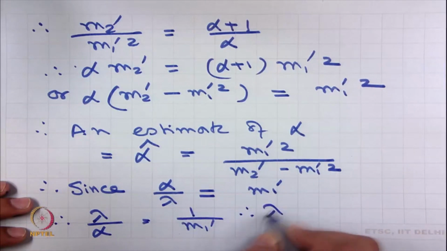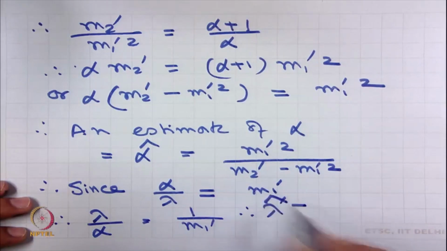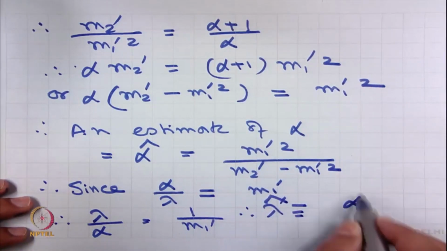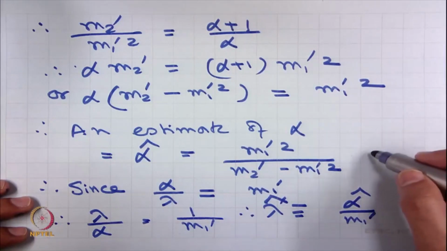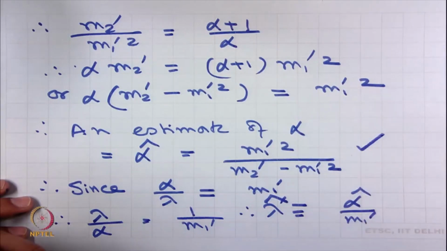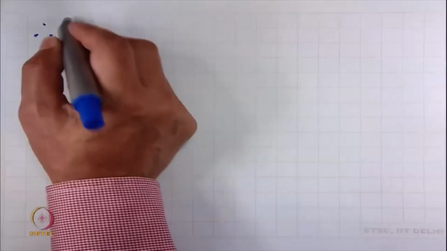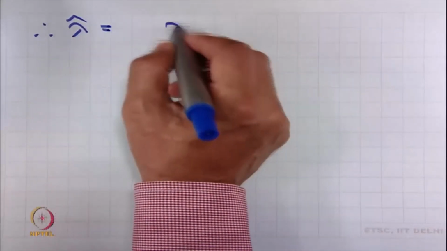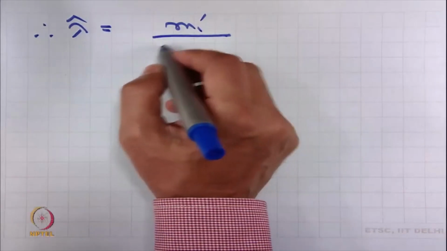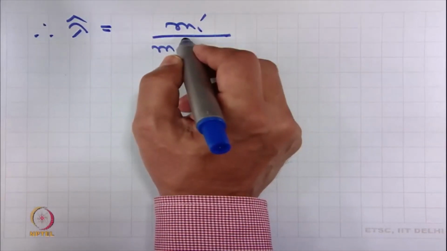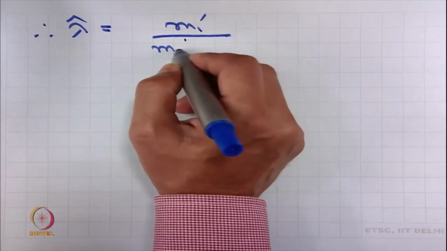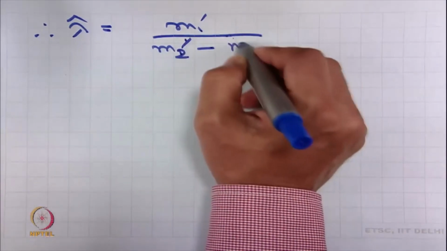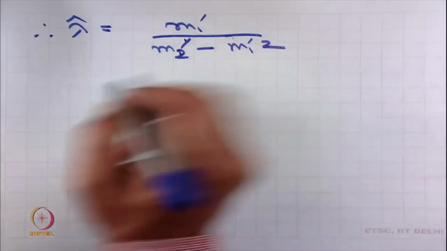Therefore, lambda hat is equal to alpha hat upon m1', where alpha hat we have found from here, and that cancels one m1'. Therefore, lambda hat is equal to m1' upon (m2' minus m1'^2).